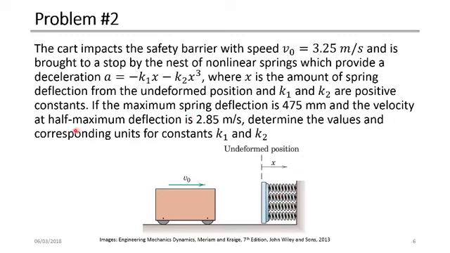And the velocity at half maximum deflection, so if you divide this maximum deflection by 2, it's going to give you the position where the velocity is 2.84 meters per second. So the velocity is given at the mid position of the maximum. So determine the values and the corresponding units for constants k1 and k2. So we are required to find k1 and k2, their values and their units.